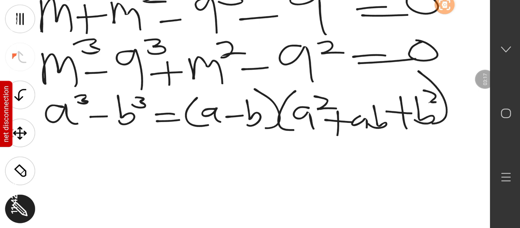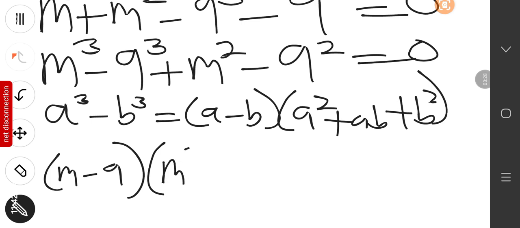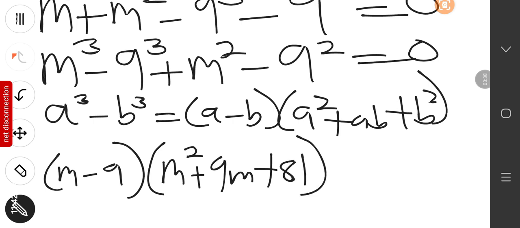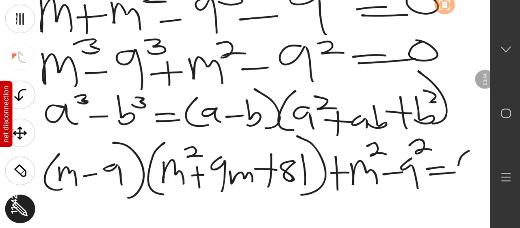So our equation becomes m minus 9 times m squared plus 9m plus 9 squared, that is 81. And then we have plus m squared minus 9 squared equals 0.